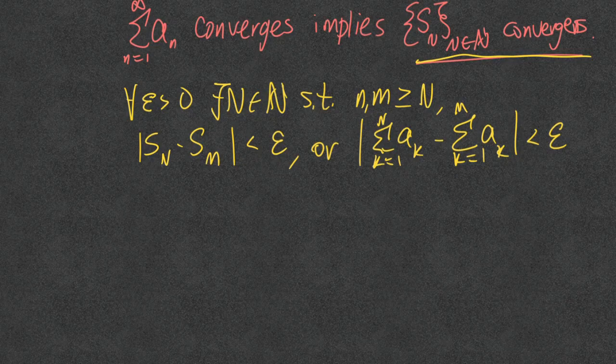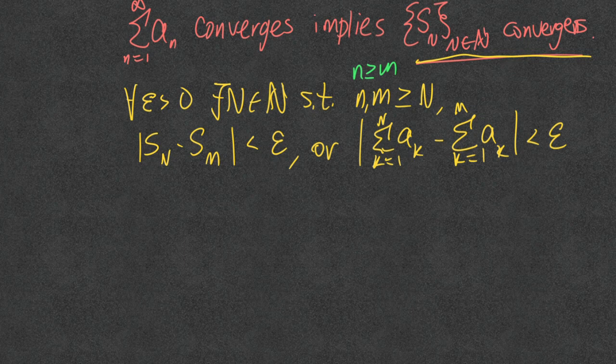So we should probably establish that in this case n is bigger than or equal to m. I mean, one of them has got to be bigger than or equal to the other one, and so let's just assume it's like that.